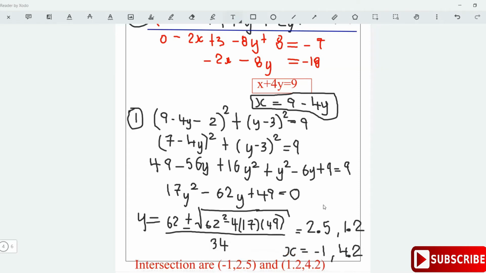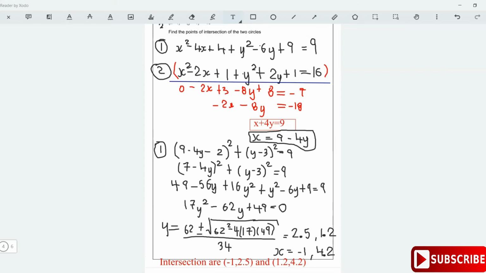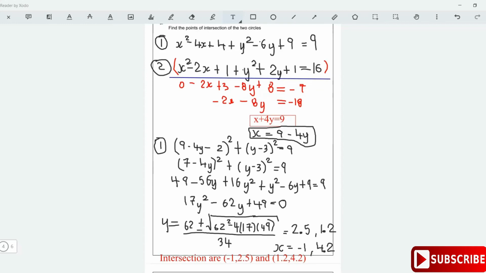That's it. So the intersection points are (-1, 2.5) and (1.2, 4.2). That's how we find our points of intersection.